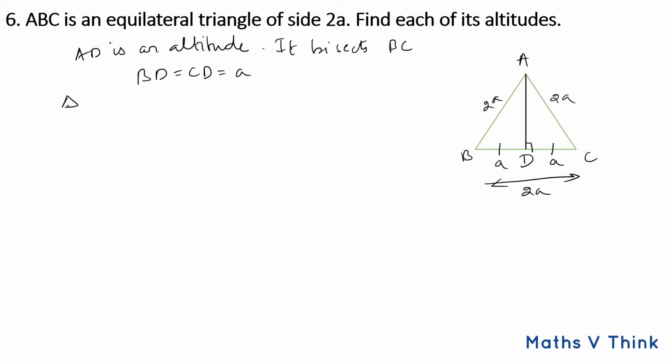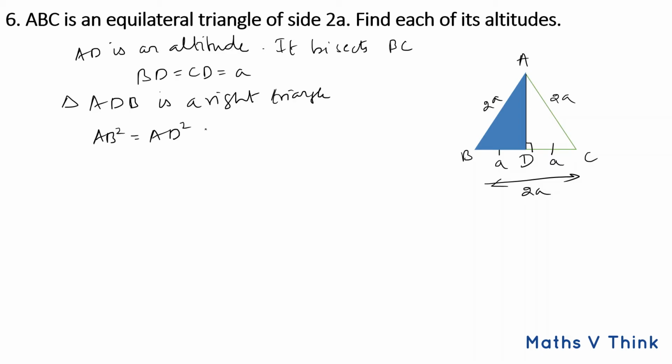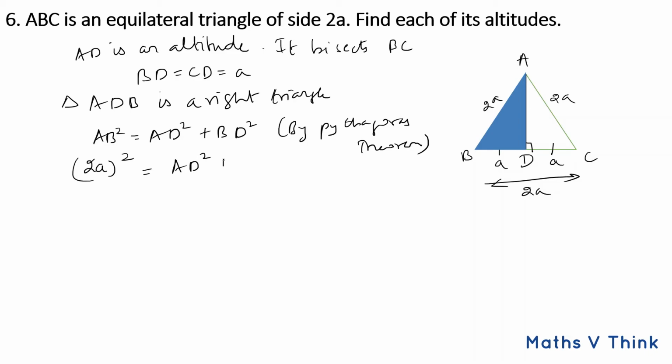Now we know triangle ADB is a right triangle. So by Pythagoras theorem, I can tell AB square is equal to AD square plus BD square. Now substituting the value of AB, that is 2a the whole square is equal to AD square plus BD, which is a, so a square.